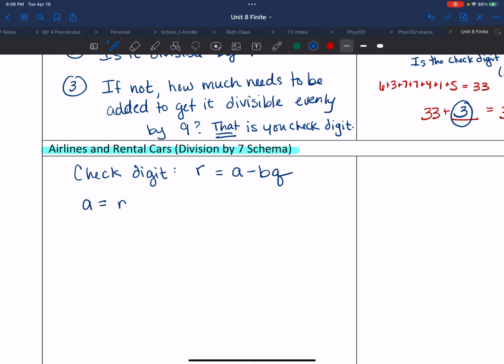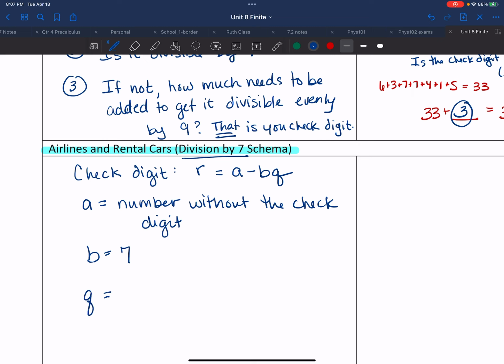A is equal to the number without the check digit. So we're not adding it, we're just using the actual number as it is. Now B, because it's the division by 7 schema, is going to be the number 7. And then Q is an interesting thing.